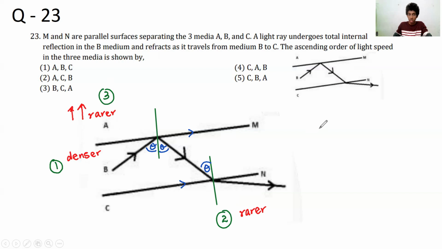So the light speed will be the lowest in the densest medium. So therefore, the light speed is the lowest in the medium B, and then it will be a little bit faster in the medium C, and it will be the fastest in the medium A. So therefore, the correct answer is the third.